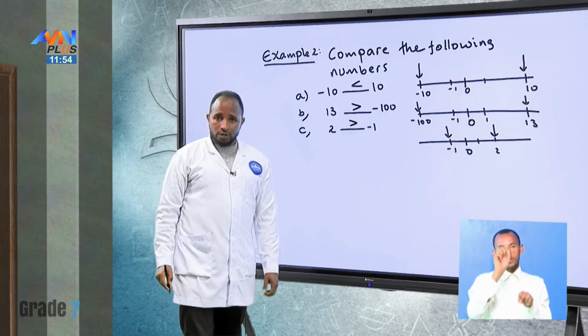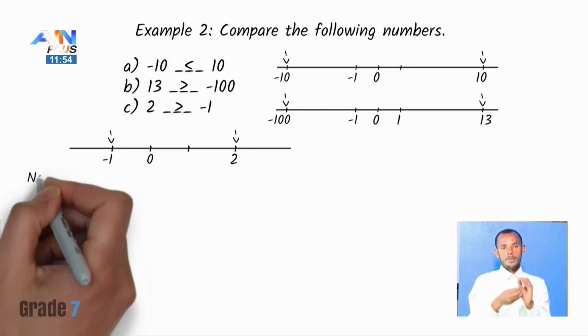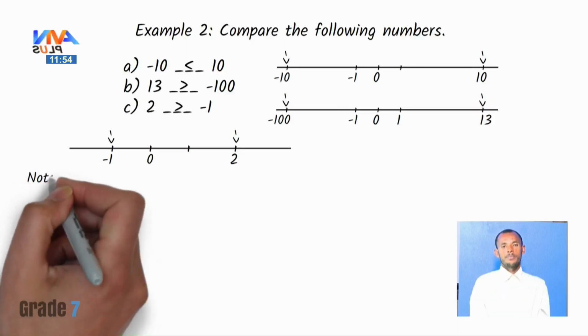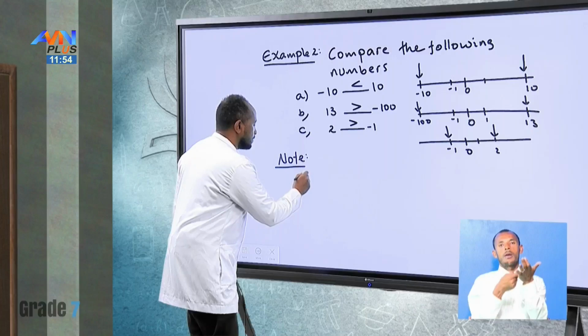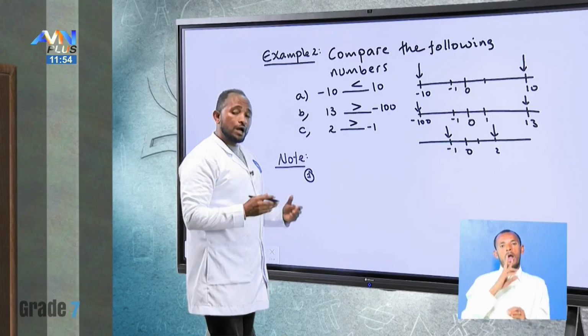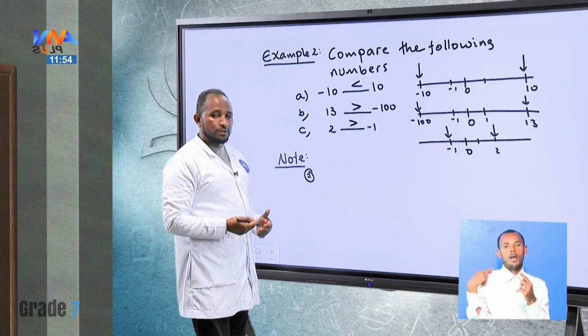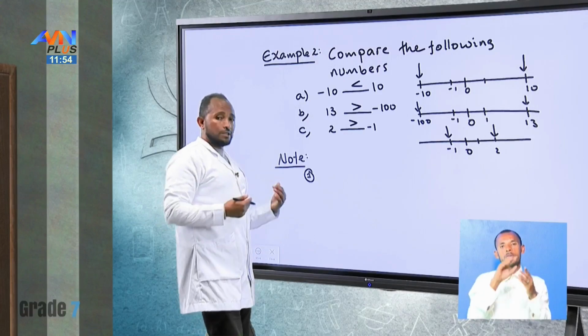So, what do you conclude from this example? As you can see here, all positive numbers are to the right of negative numbers. So because of this, positive numbers are greater than negative numbers.